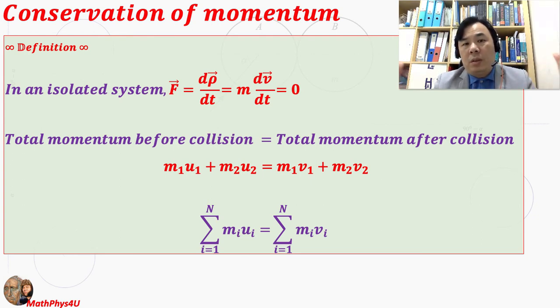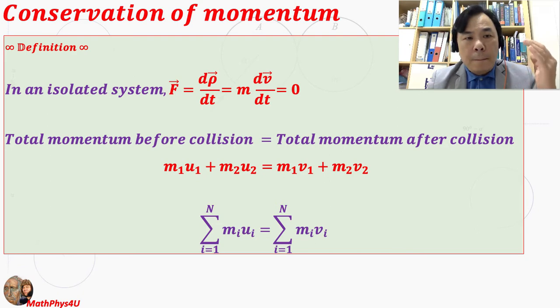Because there's no external force acting on the objects during the collision, the resultant force must be equal to zero. Using Newton's second law, the rate of change in momentum should also be equal to zero. By using that, we will be able to derive the formula that we always use, which is known as the conservation of momentum.